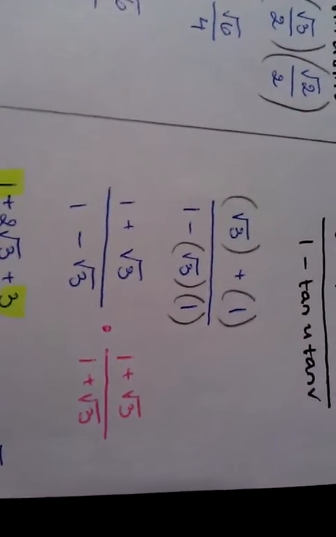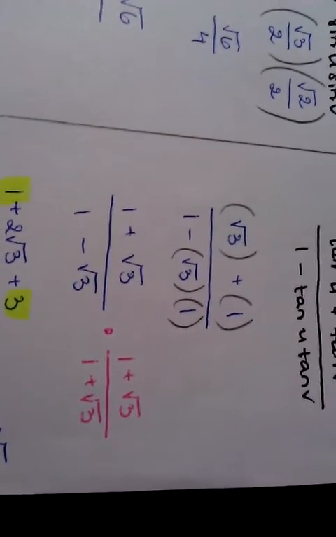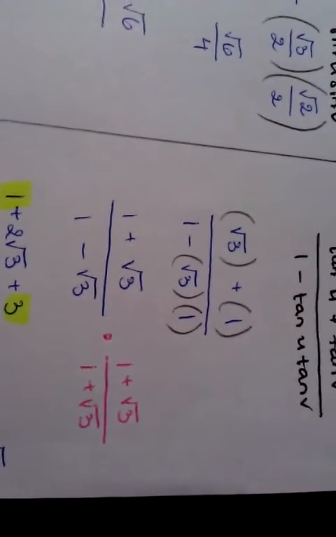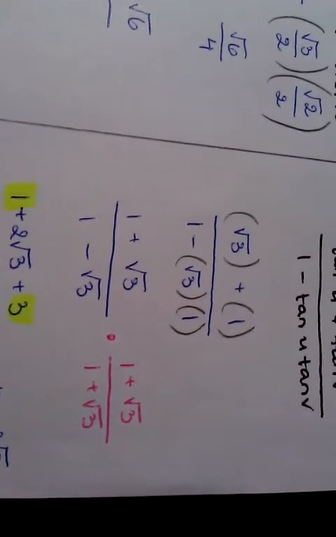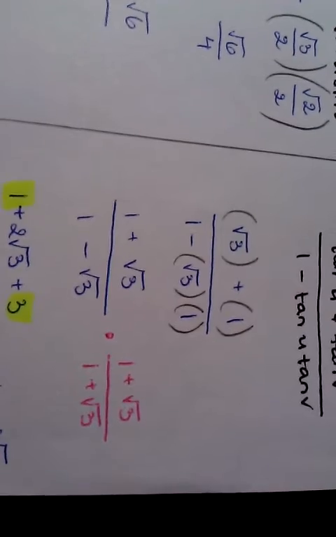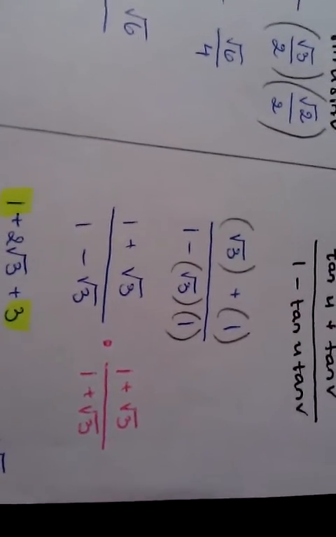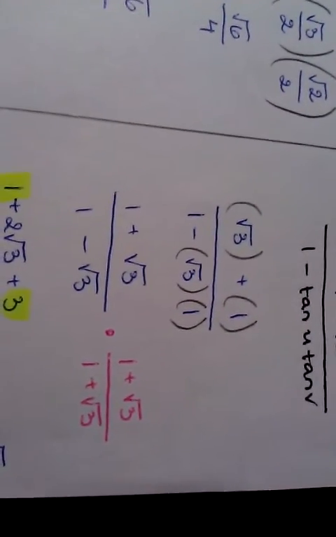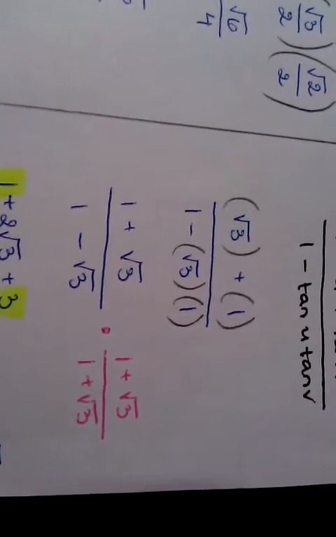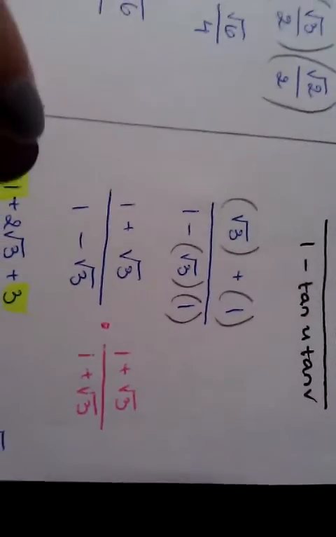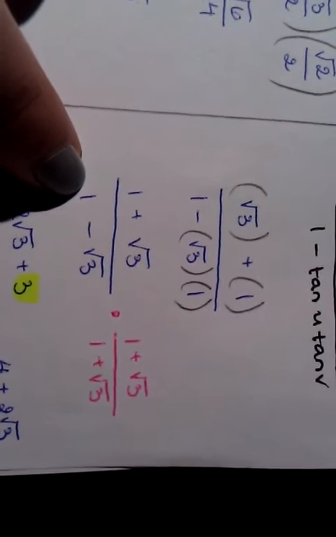For the denominator, we have 1 minus radical 3 times 1. So radical 3 times 1 gives us radical 3, and 1 minus radical 3 is the denominator.